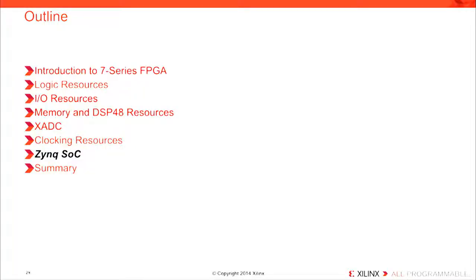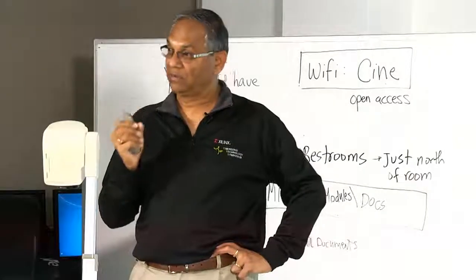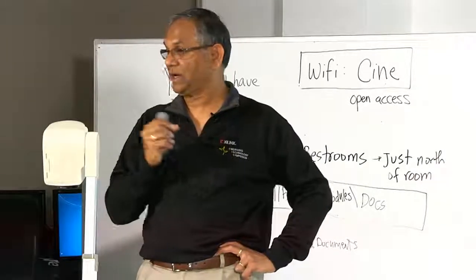The Xilinx SoC, basically the Xilinx family, consists of the programmable logic, which is the yellow section, and the blue or gray here is the processor section, or processor subsystem. So the processor subsystem consists of dual Cortex A9. Each Cortex A9 has 32 kilobytes of level 1 cache for both instruction and data.